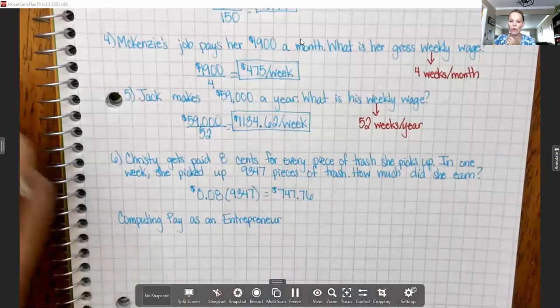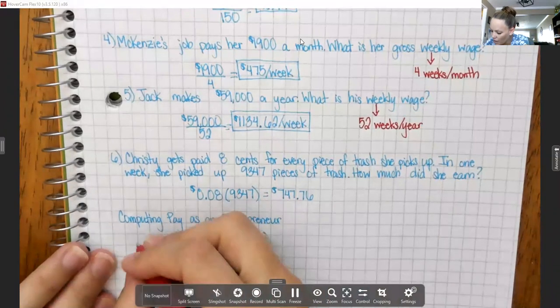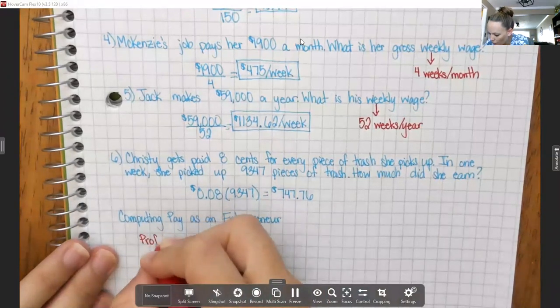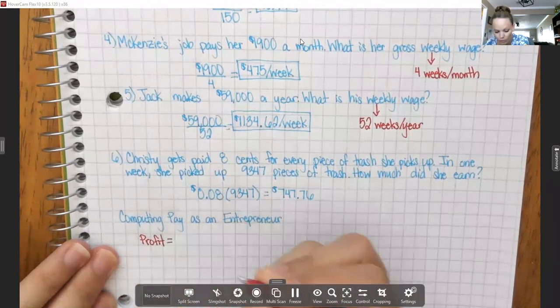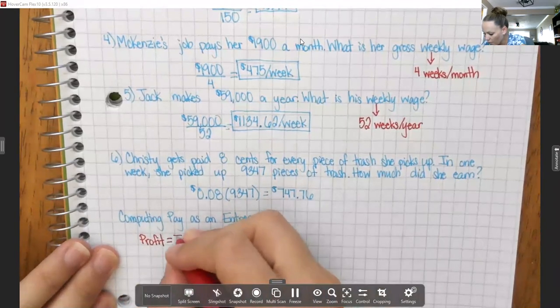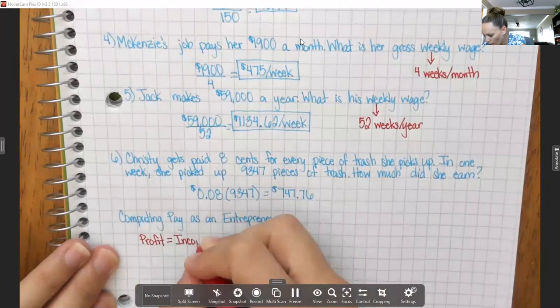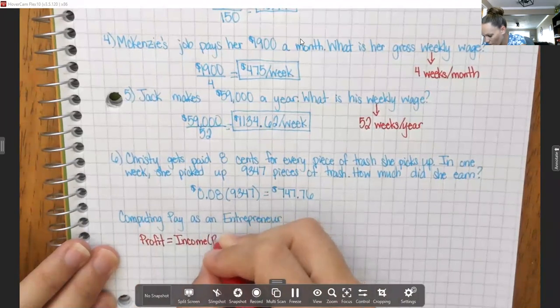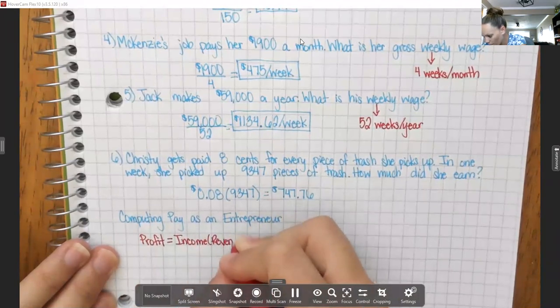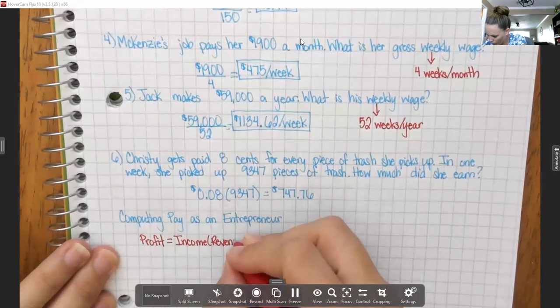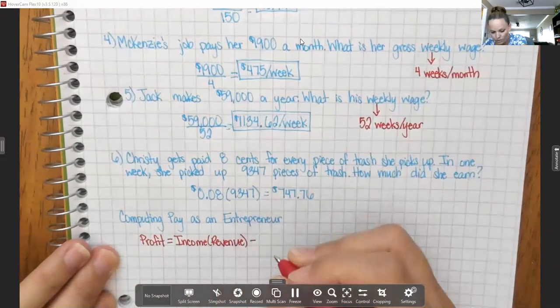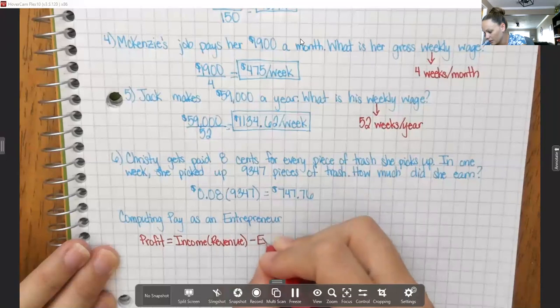And we saw that equation in the notes yesterday. To calculate profit, it's your income or your revenue and you subtract your expenses.